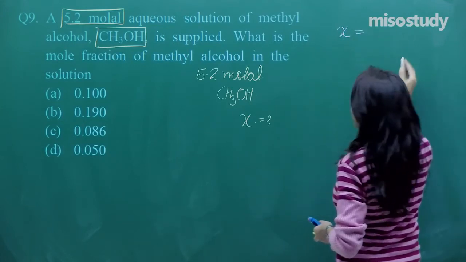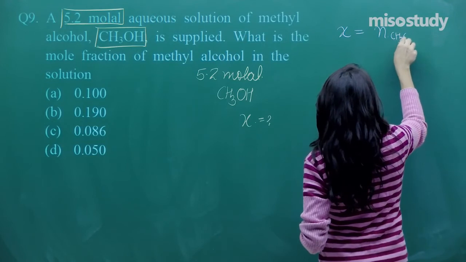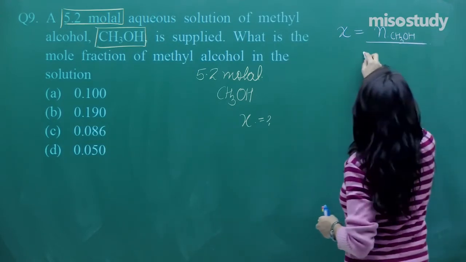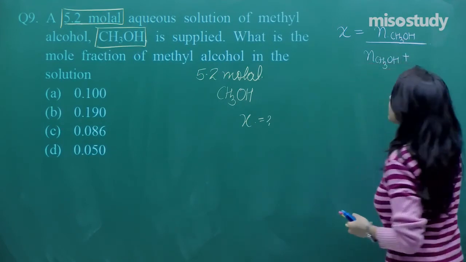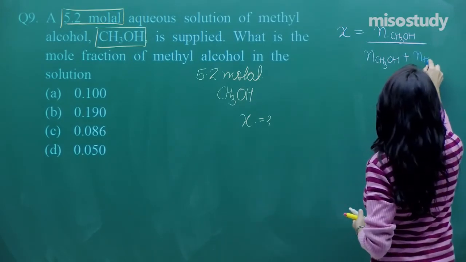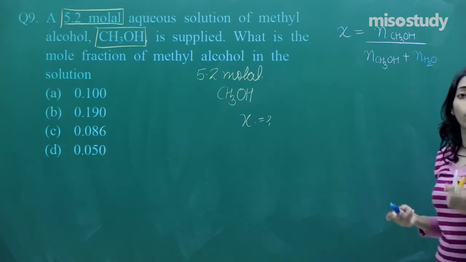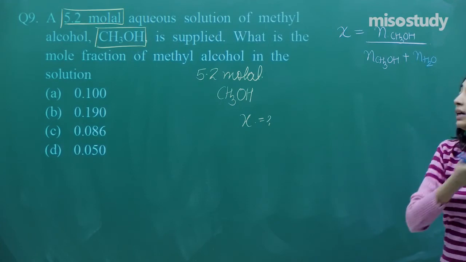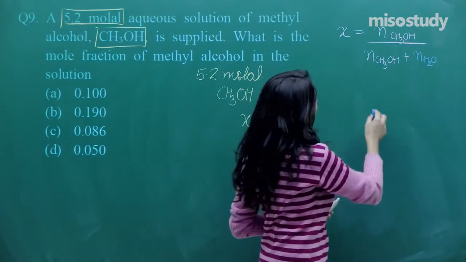Mole fraction can be written as number of moles of CH3OH to be divided by the total number of moles. That means number of moles of CH3OH plus the number of moles of water. Okay, so I need to find out what is the mole fraction and what is the solution given to me. The solution given to me is 5.2 molar.